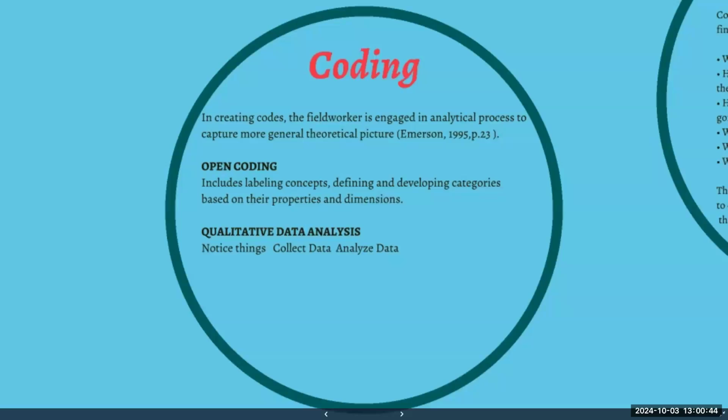So let's talk a little bit more about coding. In coding, we are labeling concepts and categories as researchers. This is based on observations, on conversations, and on settings. The goal is to identify all possible themes, then gradually refine them into more focused goals. As you go through your data, you find things that are repeating, and as they're repeating, you put them into categories.